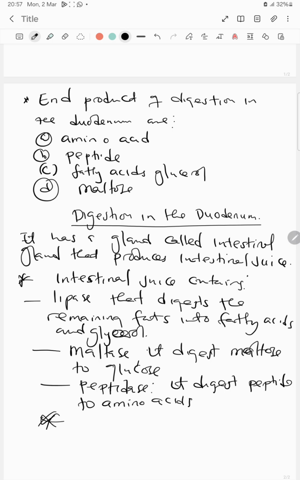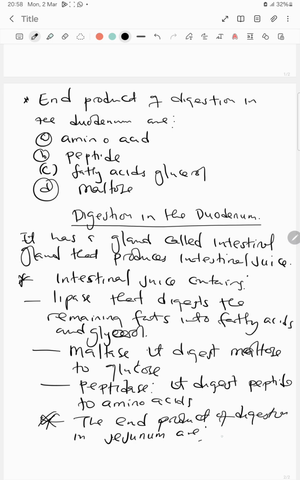Therefore, we can conclude to say the end products of digestion in the jejunum are amino acids, glucose, and fatty acids and glycerol.